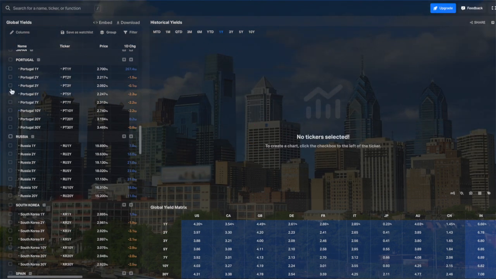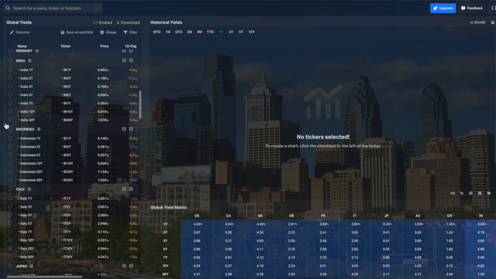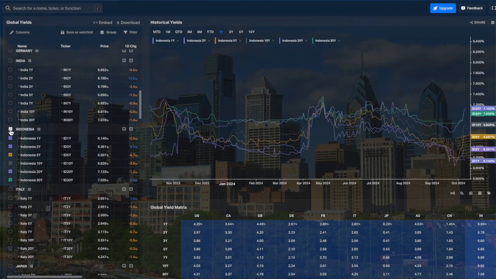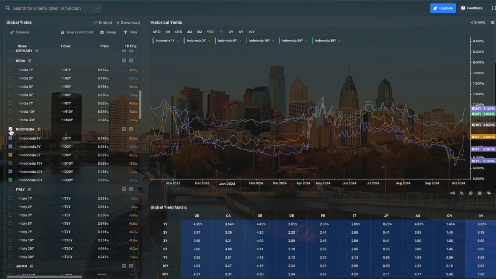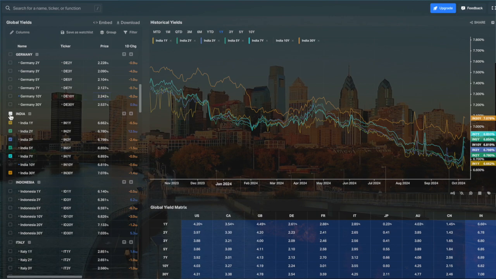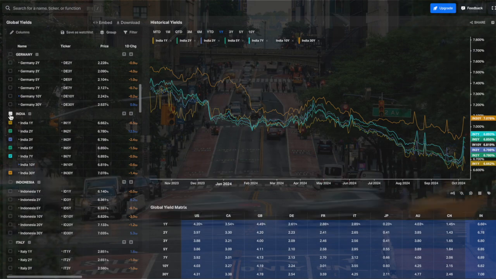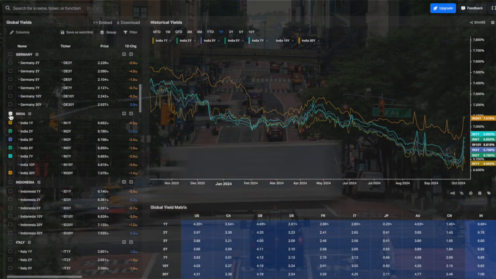So I'm not going to go through all the countries, but as you see, you have Portugal, Japan, Italy, Indonesia, a very interesting emerging market, around the 7%. Again, this is EM, so emerging market. Yields a little bit higher because a little bit more risky. What else? India, the yields have been going down, but still a bit higher than developed markets, right? We're at the 7% here.